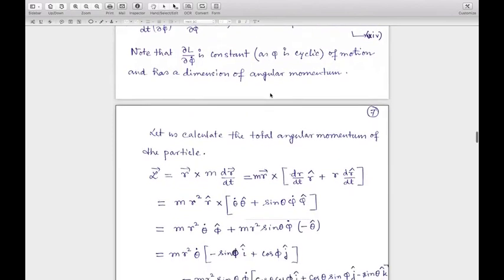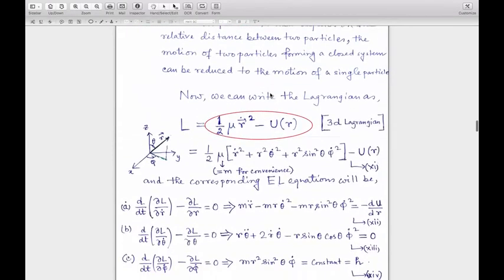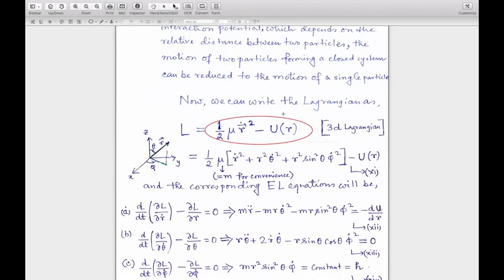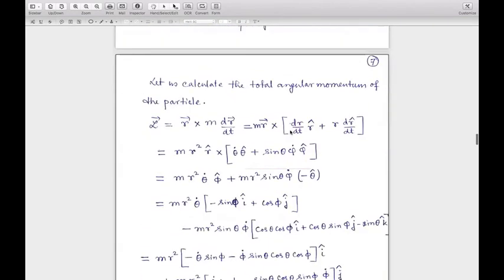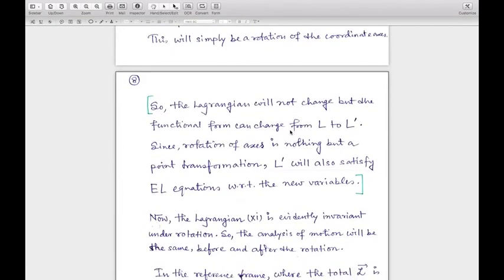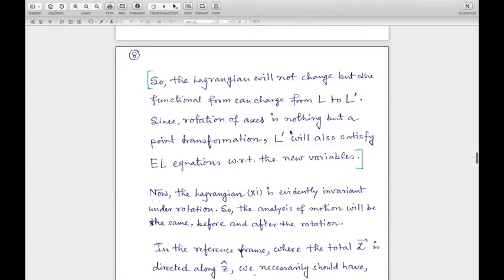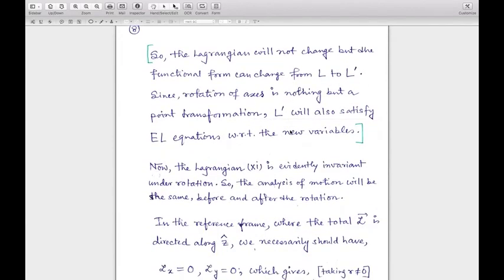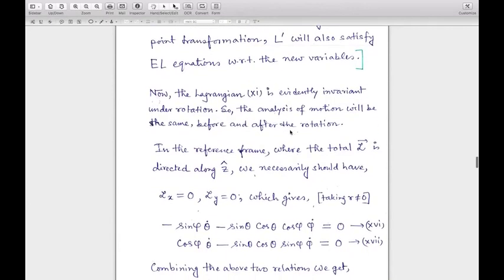So that is the gift we have when we talk about the central force, because we have the central force type of potential, so the Lagrangian basically remains unchanged even after the rotation, and so, without changing the physics, we basically say that the direction of the total angular momentum can be set to the z-axis.